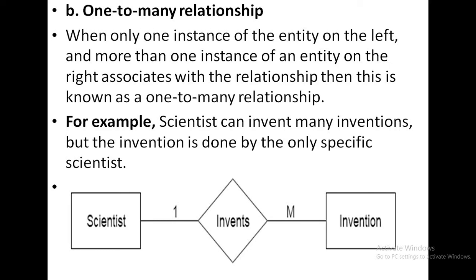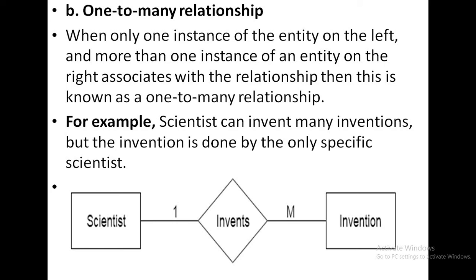So here the relationship is one to many. The scientist can develop different types of inventions, and different inventions are created by one particular scientist. That's why the two entities, scientist and invention, are represented by rectangles, and the relationship invent is represented by a diamond.